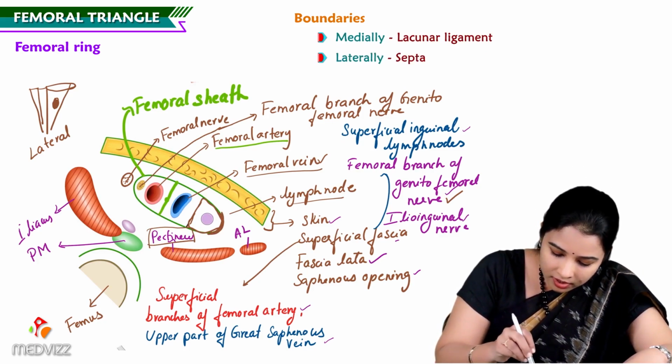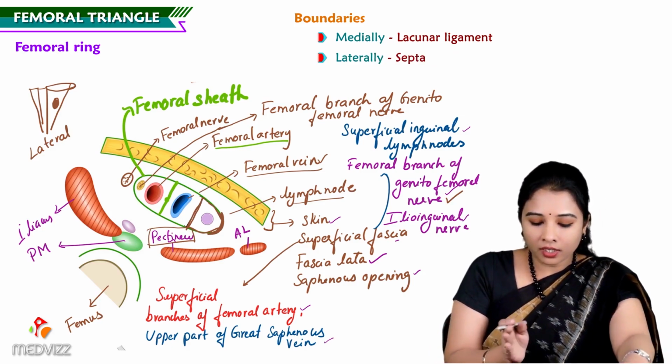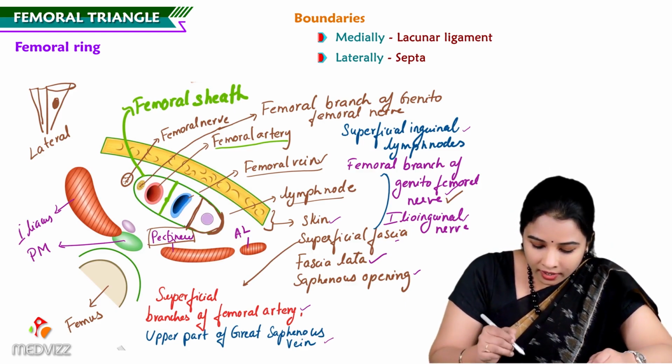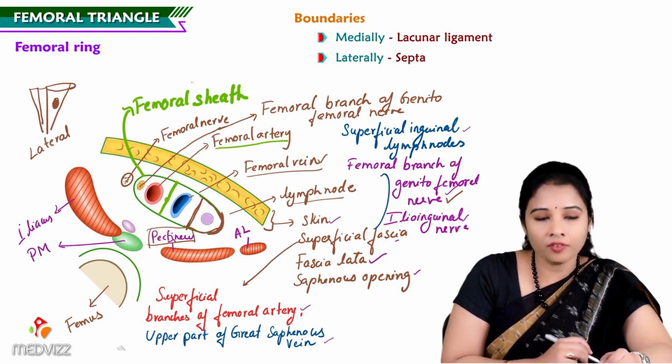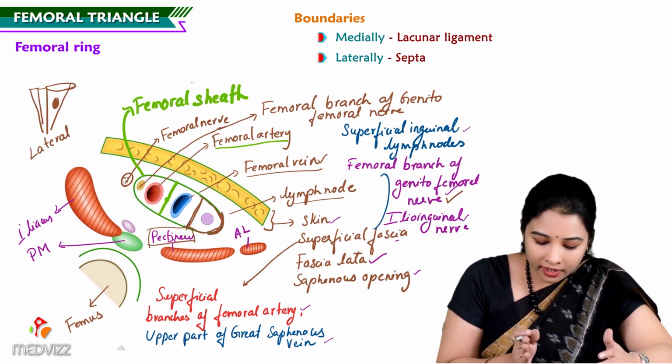Laterally you can see this septum separating it from the vein, the middle compartment, that is the anteroposterior septum. This septum forms the lateral boundary. Let's see again: anteriorly the inguinal ligament, posteriorly the fascia covering the pectineus, medially the lacunar ligament, and laterally the septum.